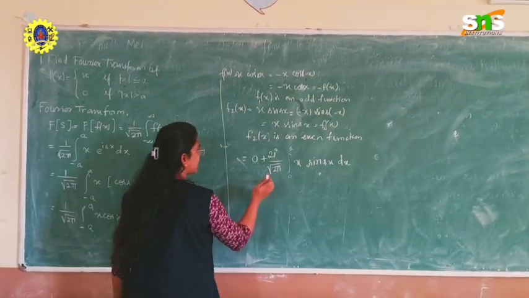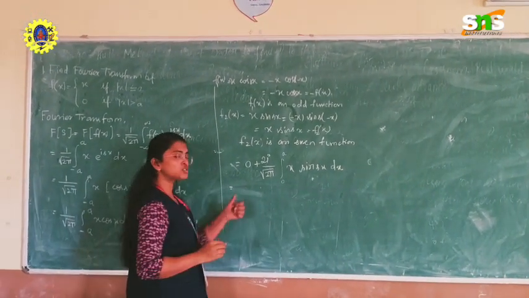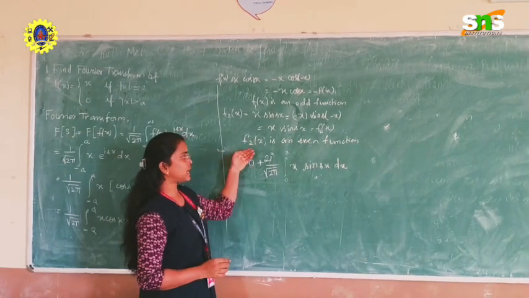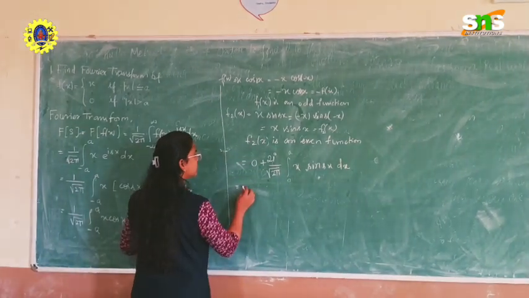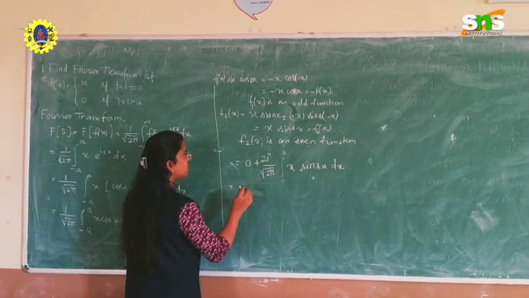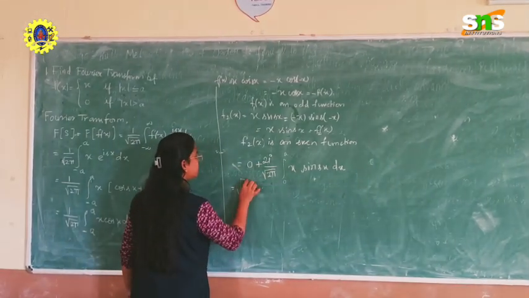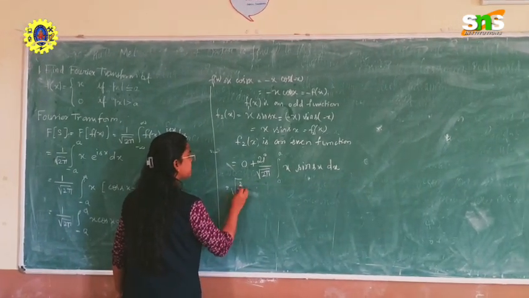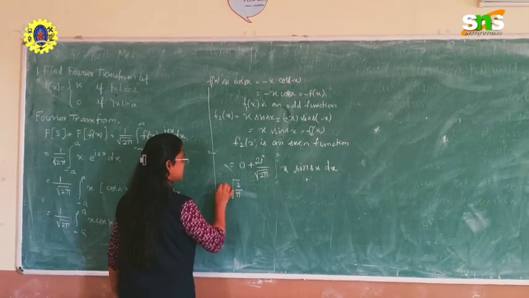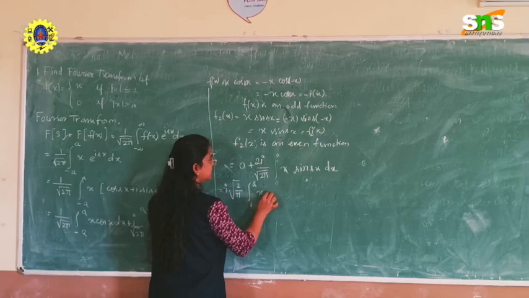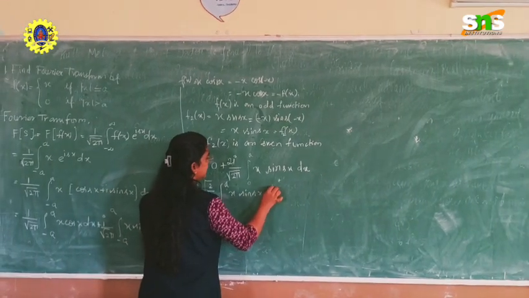Here I can write this 2 as root 2 into root 2. In the denominator you have root 2, so you can cancel the common term. So you will get root 2 divided by root pi, I am just taking this outside, integral 0 to a of x sin sx dx.